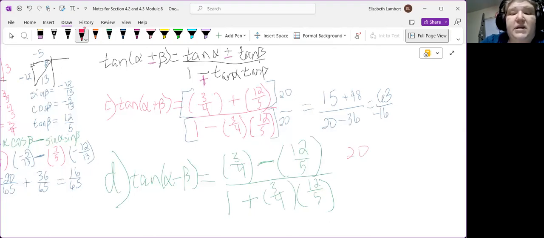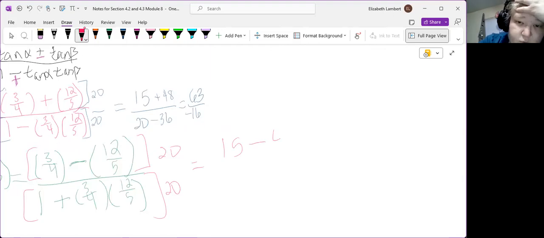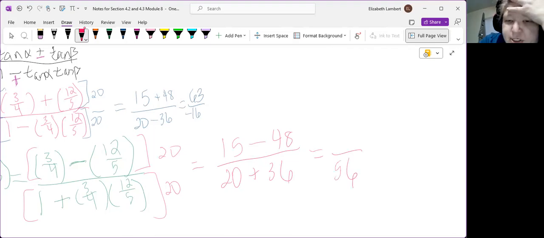Again, though, I am still going to do times 20 over 20, because I don't want to actually figure out what 3/4 minus 12/5 is, but 15 minus 48 over 20 plus 36. I'm just cheating by copying the numbers I just had up there. So we got 56 on the bottom, so this guy might actually reduce. Let's see, 33 on top. Nope, doesn't reduce. 56 is 7 times 8, 33 is 3 times 11, nothing in common.